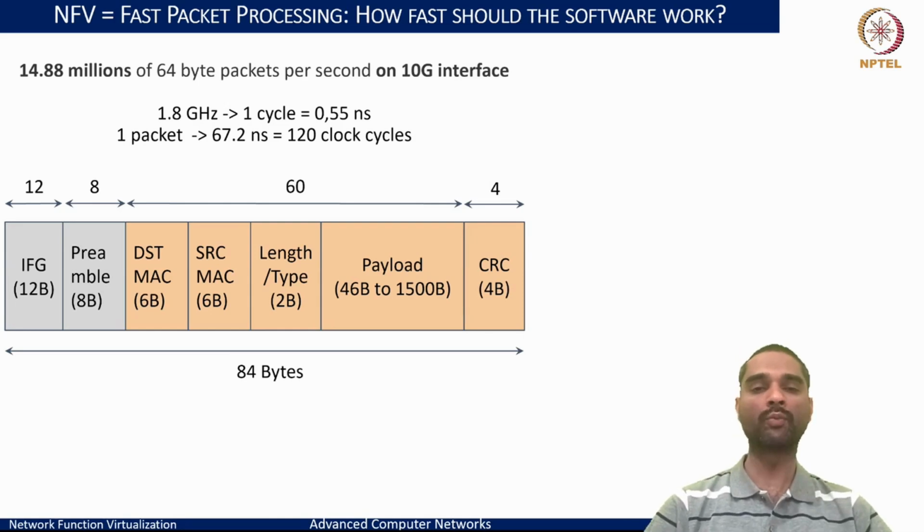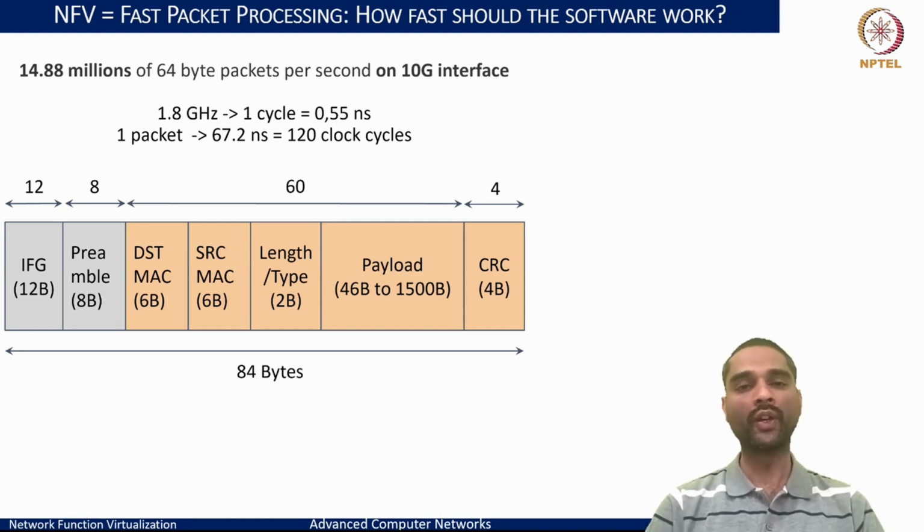Or if we had a 2 gigahertz processor, then it would roughly estimate to around 134 to 140 clock cycles.